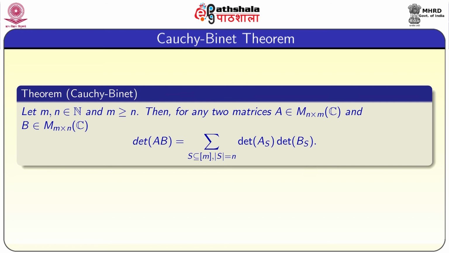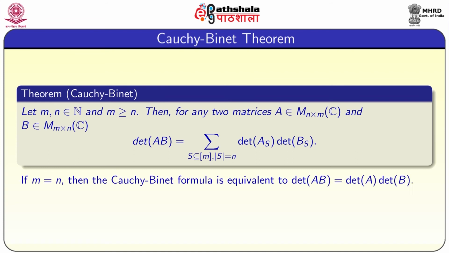It is easy to see that A is an n by M matrix and B is an M by n matrix, so AB is an n by n matrix. Now, if M is equal to n, the Cauchy-Binet formula says the determinant of AB is equal to the determinant of A times the determinant of B.